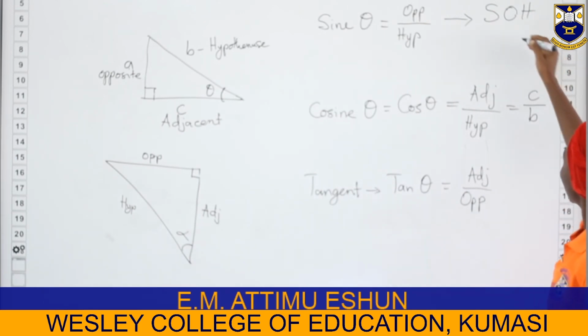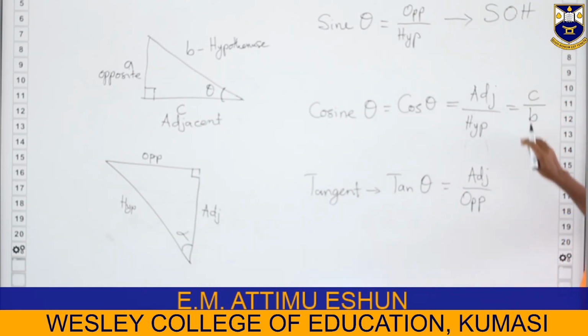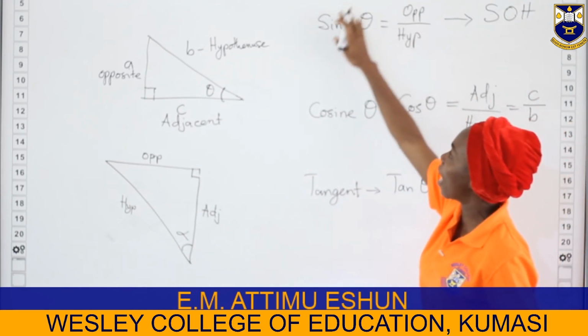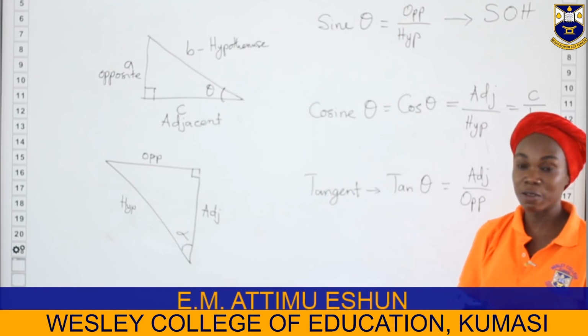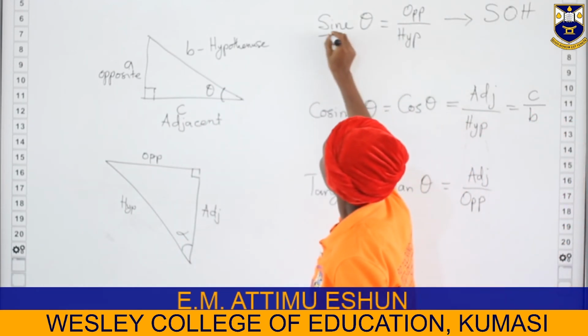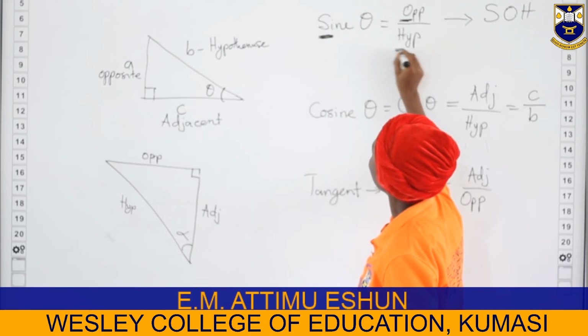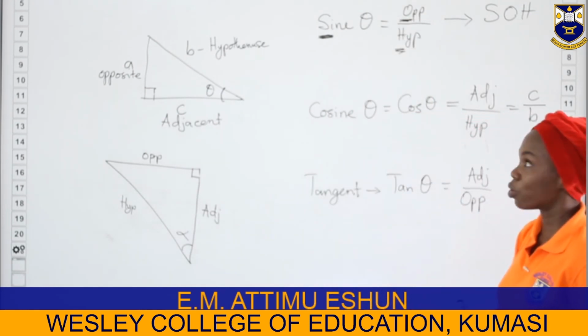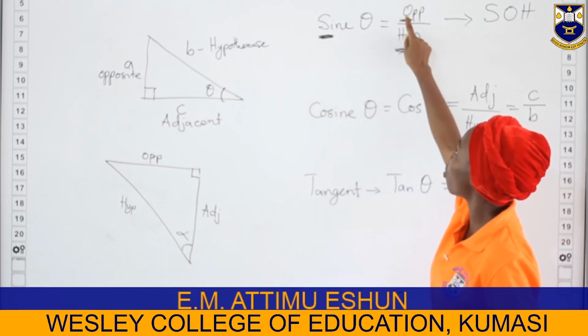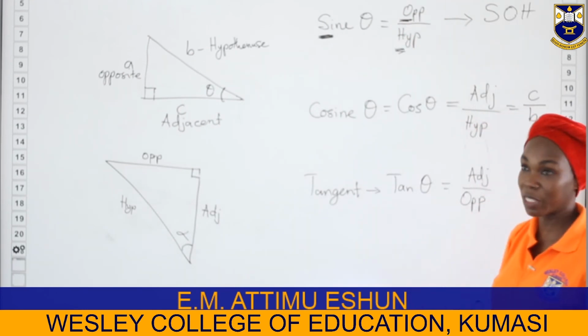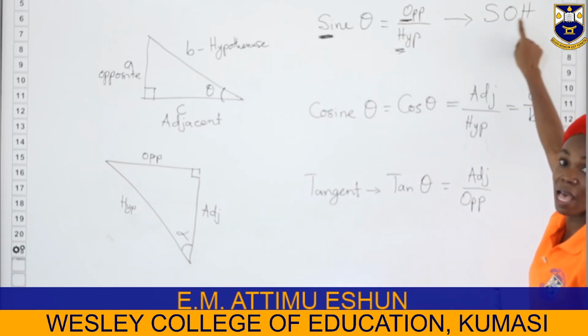So, where does the SOHCAHTOA come in? It comes in when we try to simplify our ratio just by taking into consideration the first letters of our ratio. So sine theta will give us opposite divided by hypotenuse, and that gives us our SO.